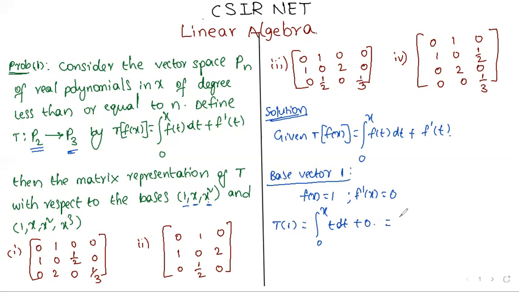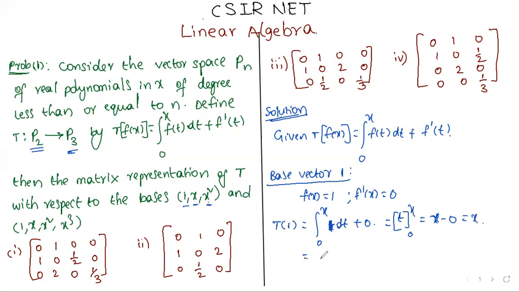That gives t with limits 0 to x, which equals x minus 0, that is equal to x.